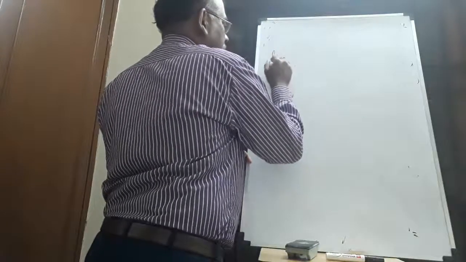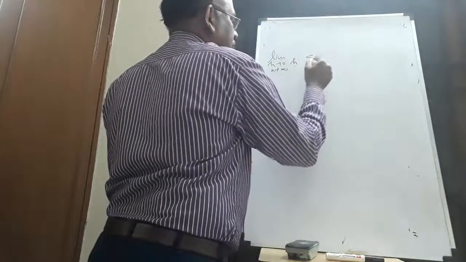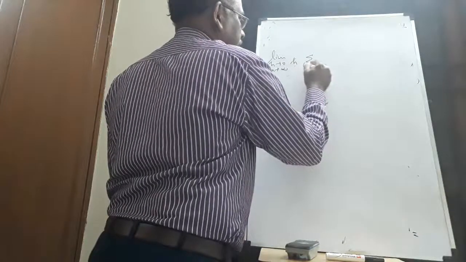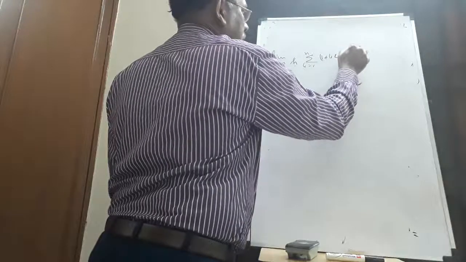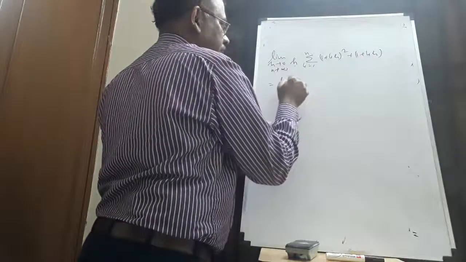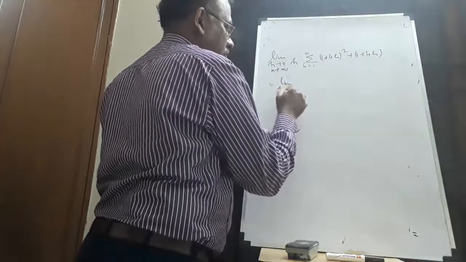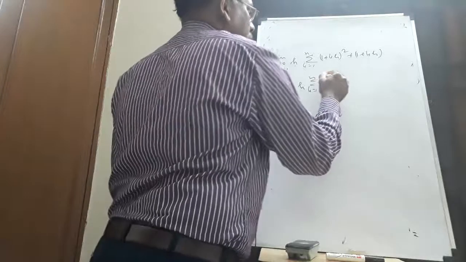This is limit h tends to 0, n tends to infinity of h into sigma k equal to 1 to n of 1 plus kh the whole square plus 1 plus kh. From this part, I'll just continue.